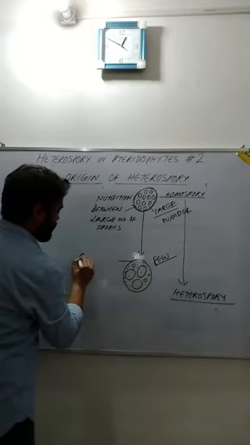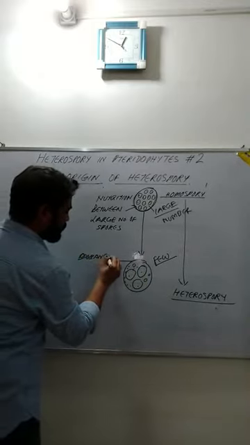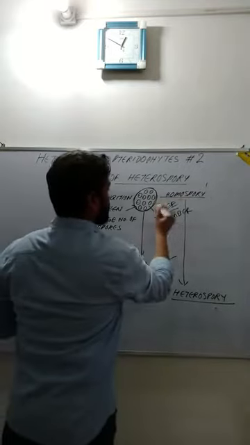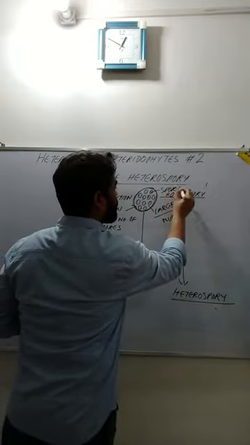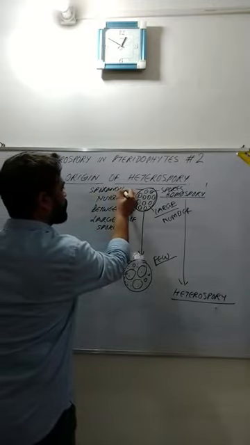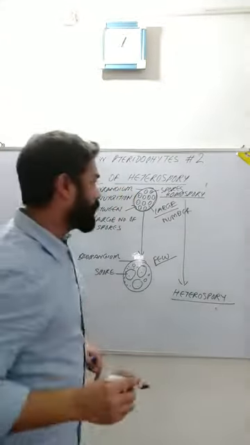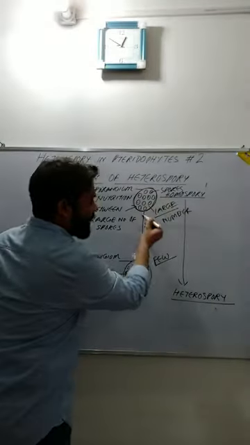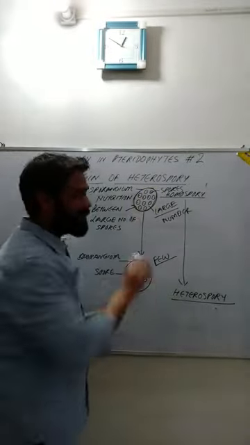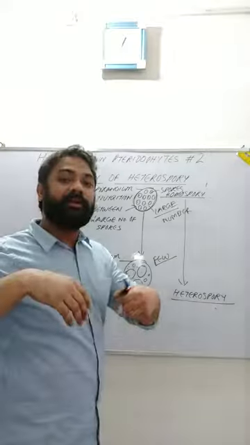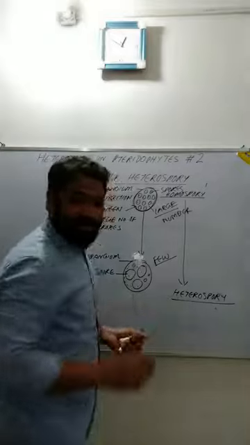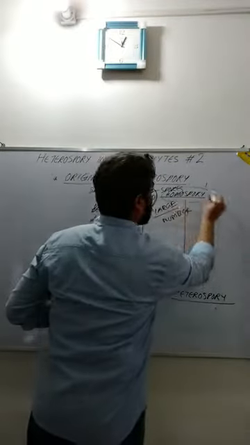This is your sporangium and these are your spores. So what is the point? Initially I have a large number of spores, so whatever nutrition is inside is divided among all the spores, and that's why they do not grow much in size. So they are smaller. All the spores are similar, and this condition you call homospory.